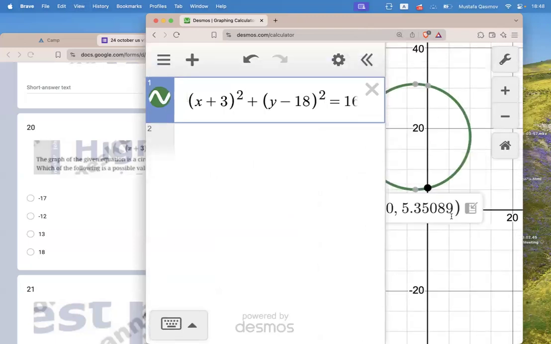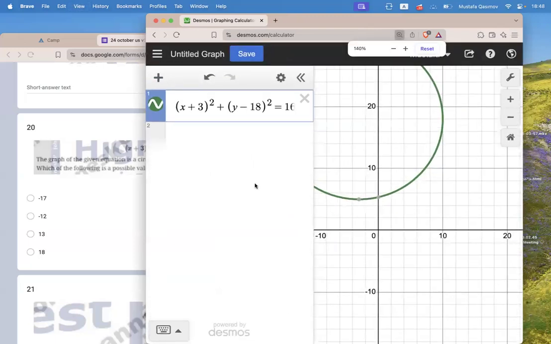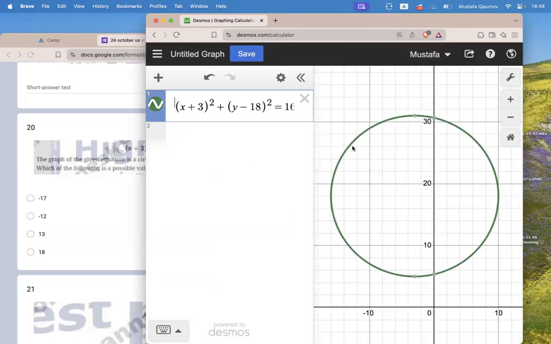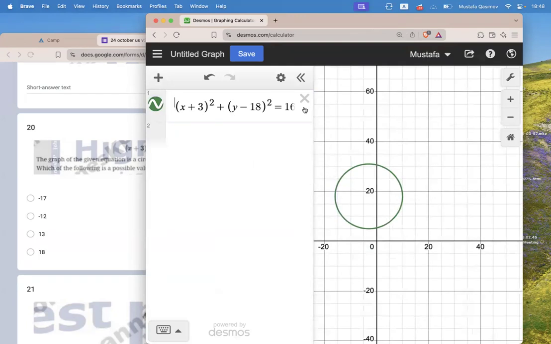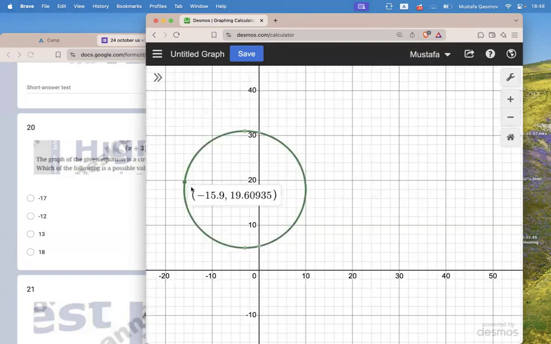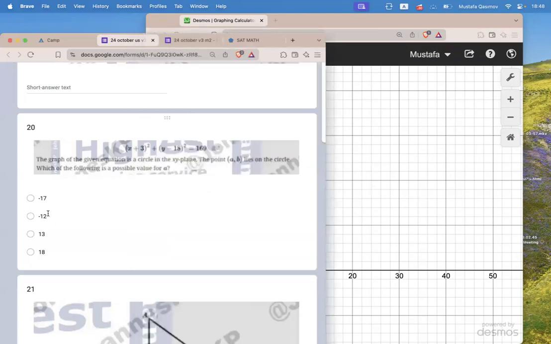You can see that its x value starts from -16 and ends at 10. So it means that x can be any number between -16 and 10. And here we have only -12 in this interval. Any question?